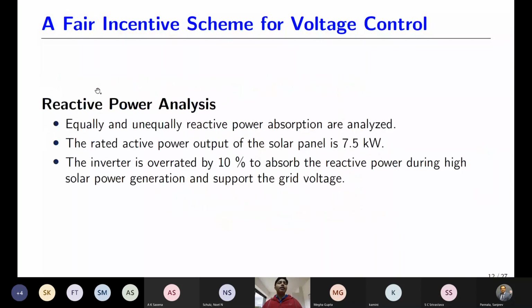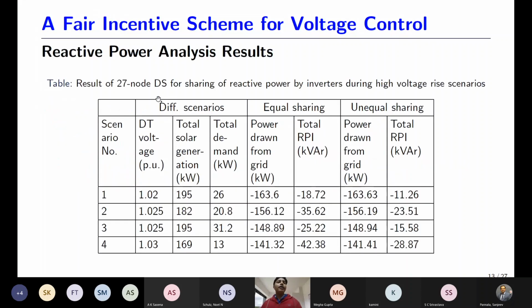So first I start my analysis with the reactive power analysis. For this case, the rated active power output of the inverter is taken as 7.5 kilowatt, and a 10% overrated inverter is considered, so that it can absorb reactive power during high generation of solar power. These are simulation results, and this shows a high voltage rise scenario, where solar power generation is higher than the load demand, and there is a reverse power flow.